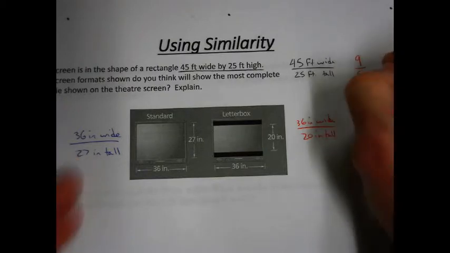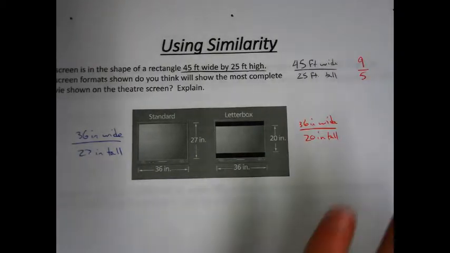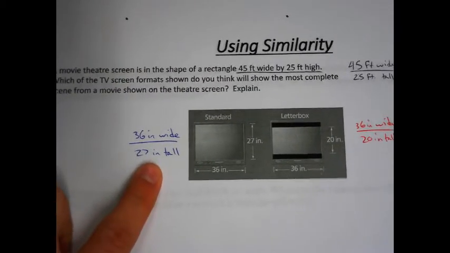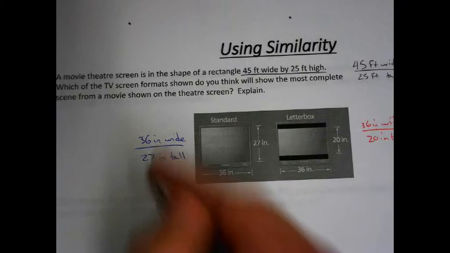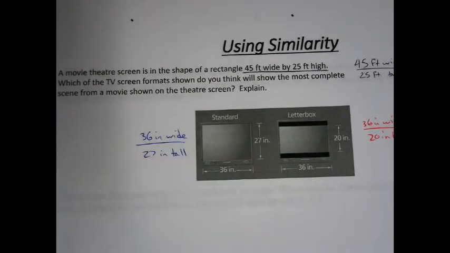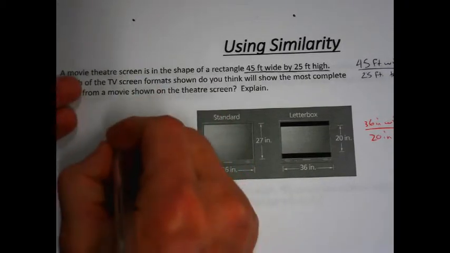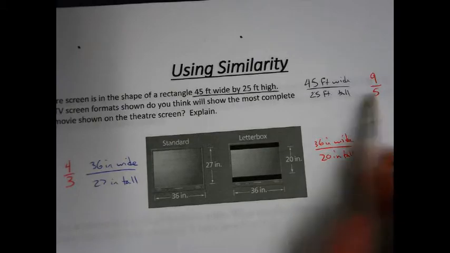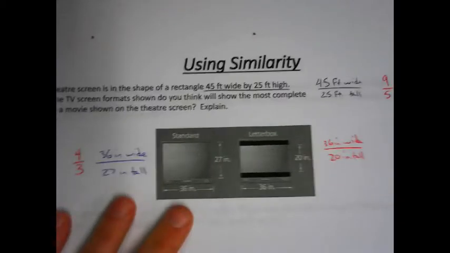That's the ratio of the movie theater. Now we look at the ratio of the standard television screen, and we want to simplify our ratio. 36 and 27 are both divisible by 9, and so we would have 4 to 3. All right, so that's not exactly 9 to 5, right? So the standard TV screen may not fit.